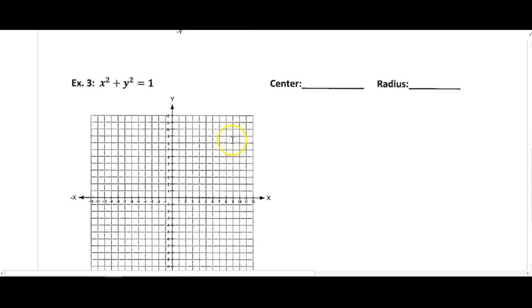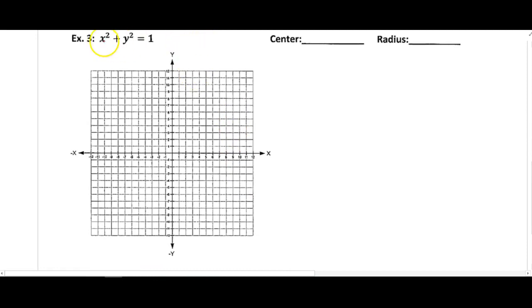Okay? Now here, whenever you just see x squared or y squared, think of this as being x minus 0 squared, and think of this as being y minus 0 squared. So if it's just x squared, that means the x coordinate of your center is going to be 0. So our center here is obviously going to be at (0, 0).